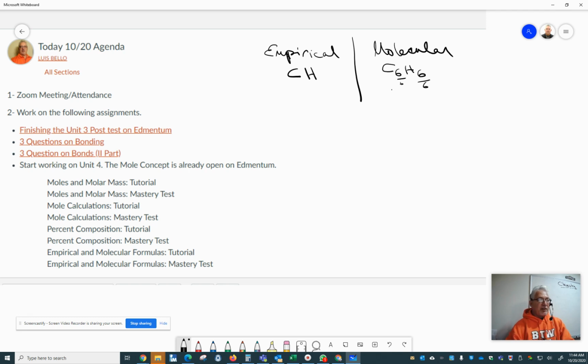Let me give you another example. In hydrogen peroxide, we have 2 hydrogen per 2 oxygen. We can simplify by dividing by 2, and we get that the empirical formula for hydrogen peroxide is HO. But if we have sodium chloride, it's already 1 to 1.